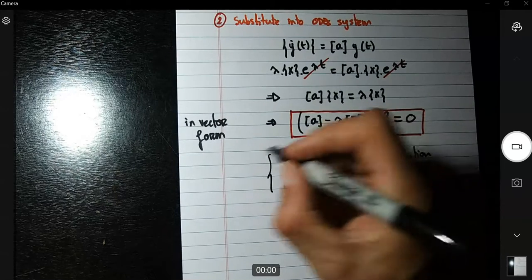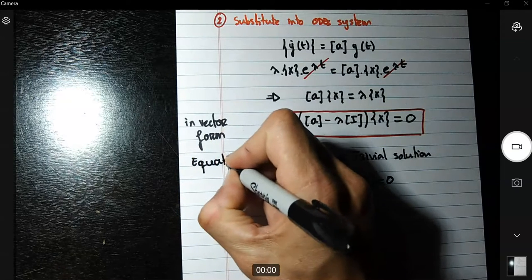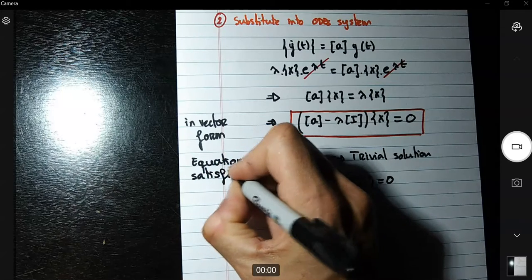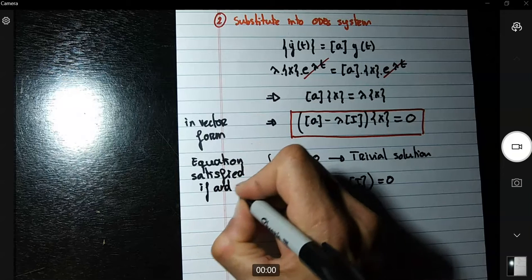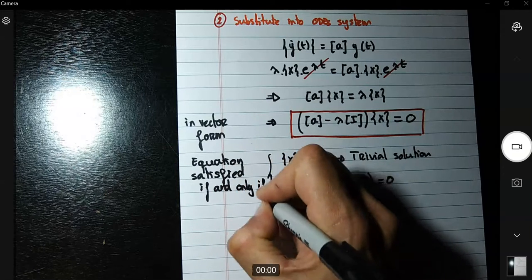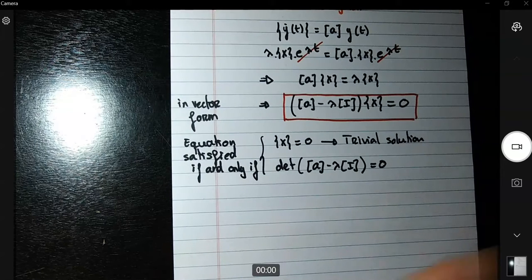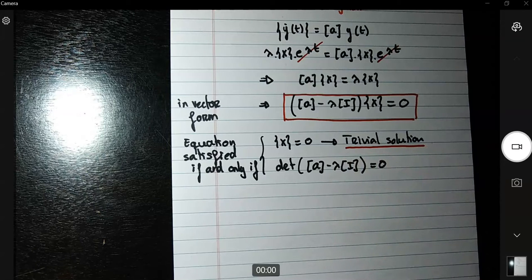So the equation is satisfied if and only if we have either one of these two conditions. The trivial solution is not of interest for us. We care about this one. So this equation here is going to yield what we know as the characteristic equation.